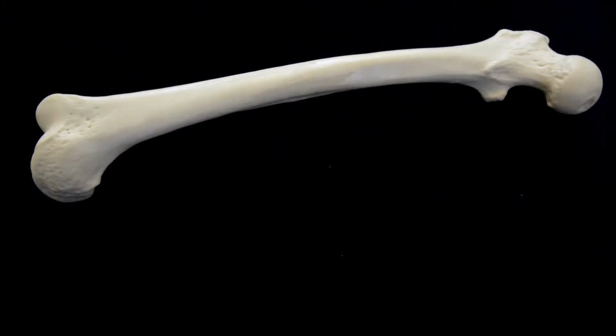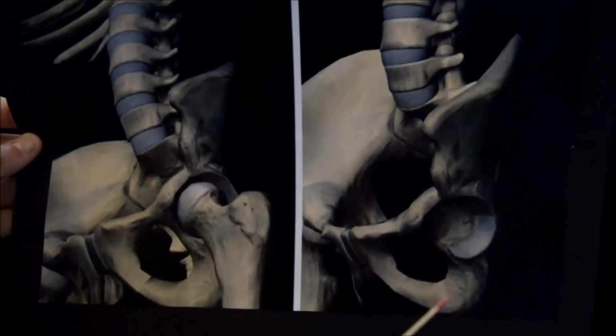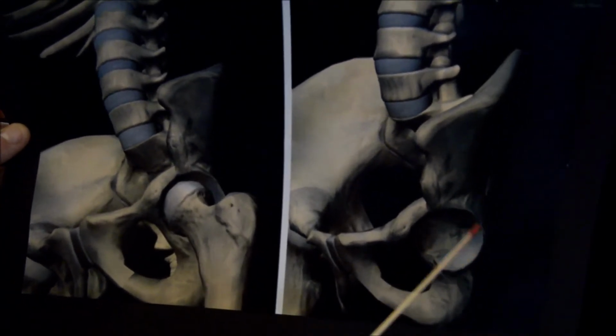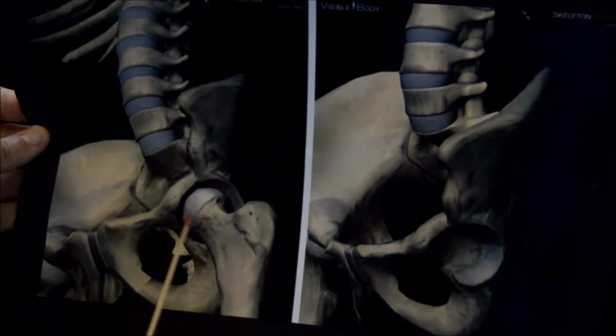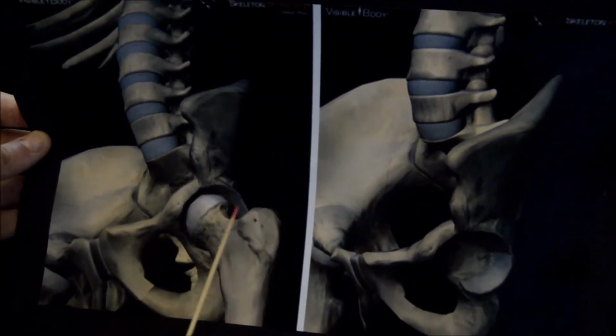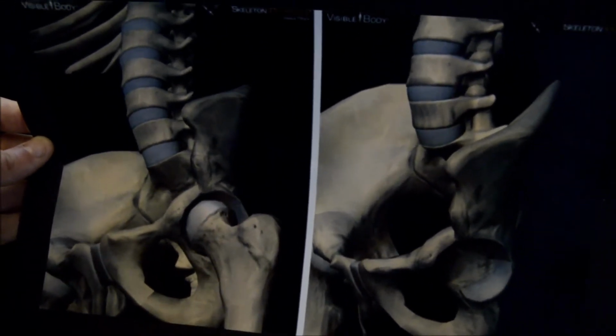Because the head of the femur meets with the pelvis at the acetabulum, forming the hip joint, the head is not only proximal, but also medial. In this illustration, the acetabulum of the pelvis is represented here. On this side, the femur is seen articulating with the acetabulum of the pelvis.